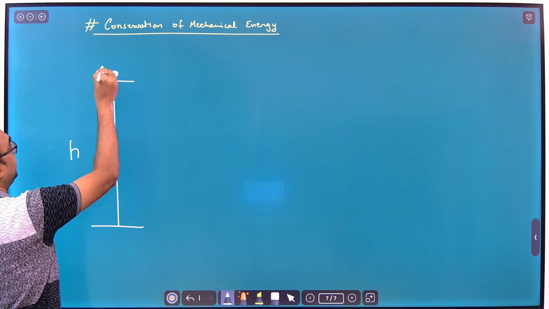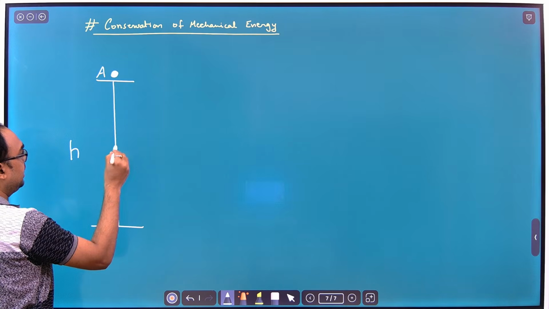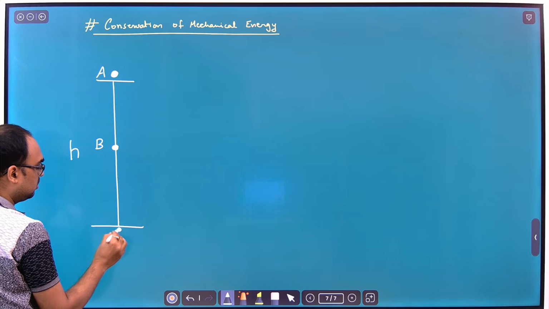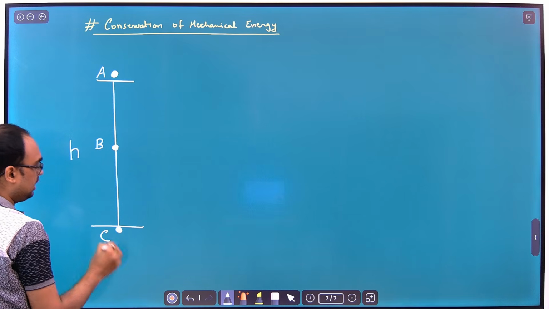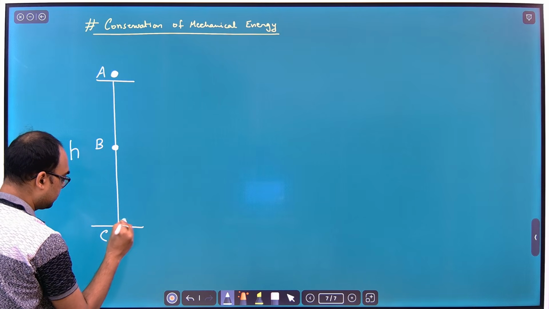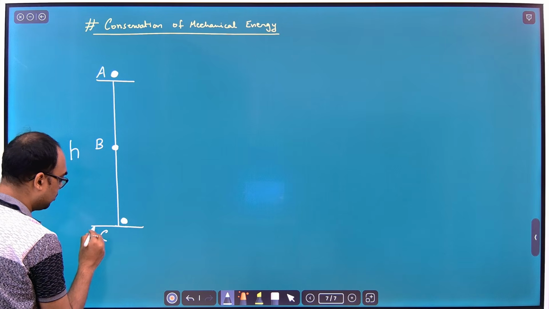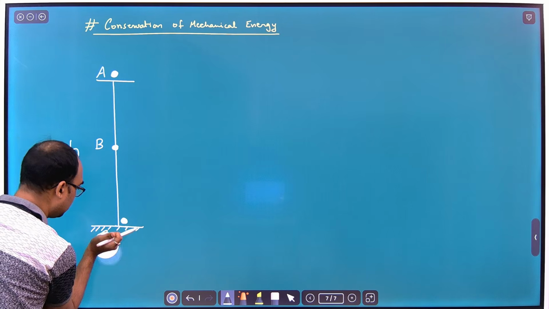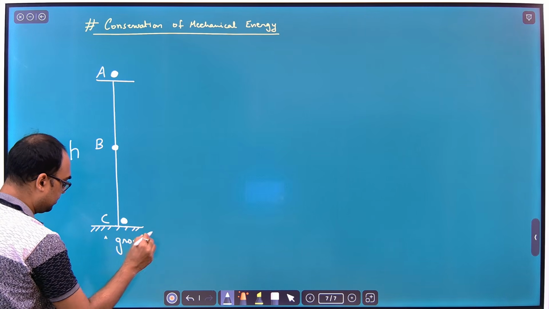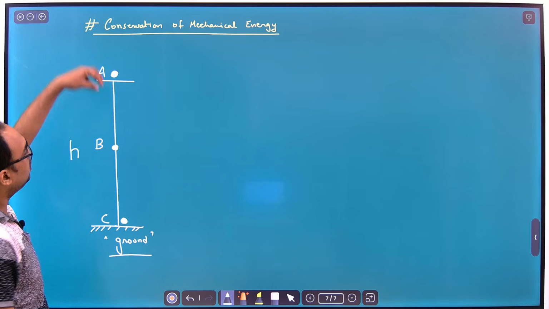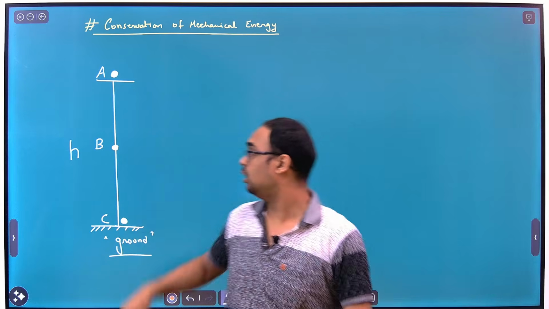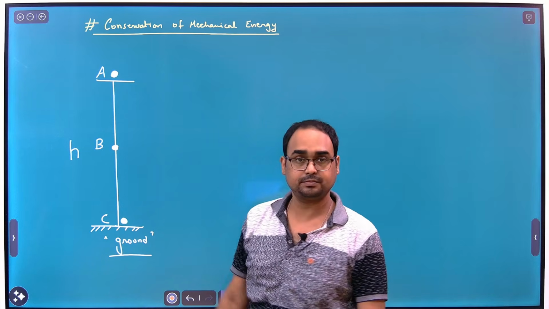Point A, this is point A. Somewhere in the middle, not exactly middle, this is point B. And on the ground, this is point C. This is ground. So you are dropping an object from a certain height.